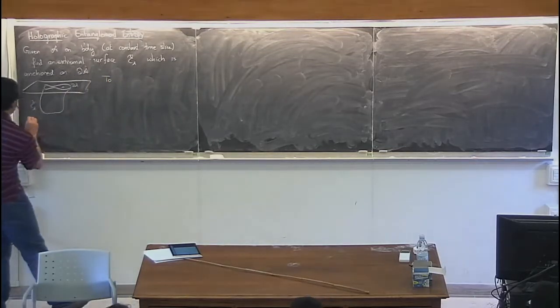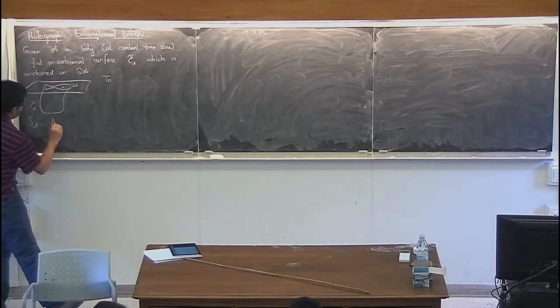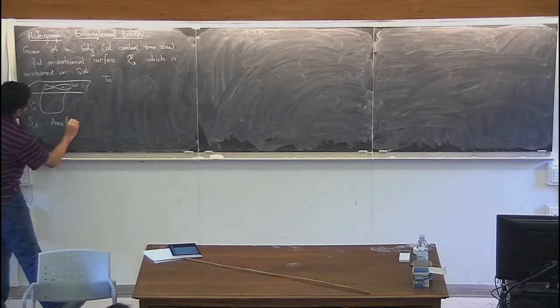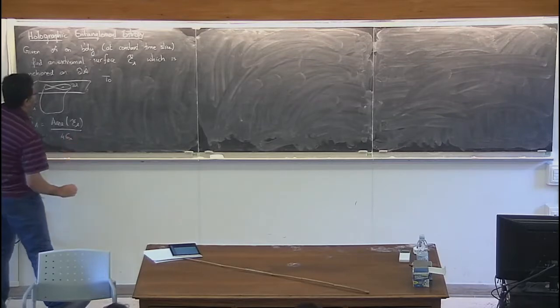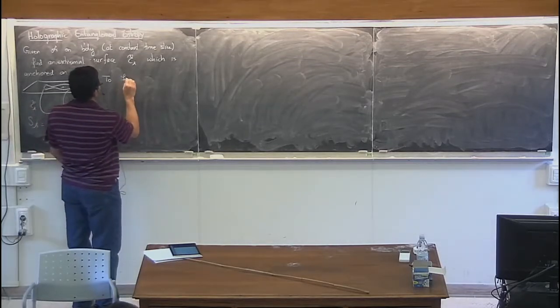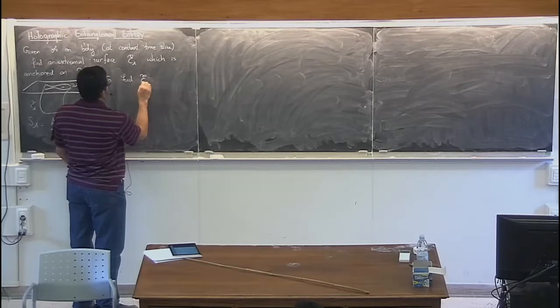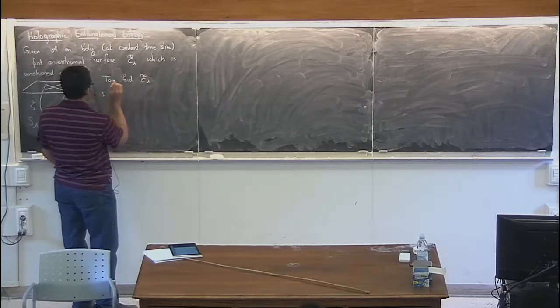The entanglement entropy itself is given by the area of E_A in Planck units. To find E_A, you can do two things which are equivalent.